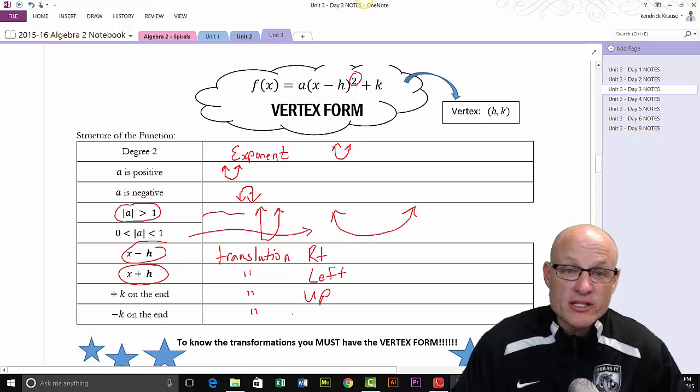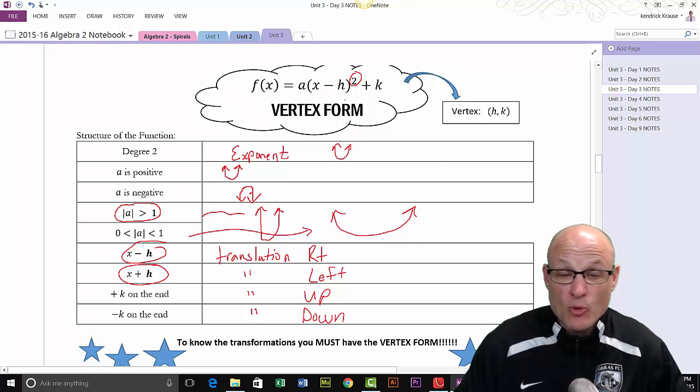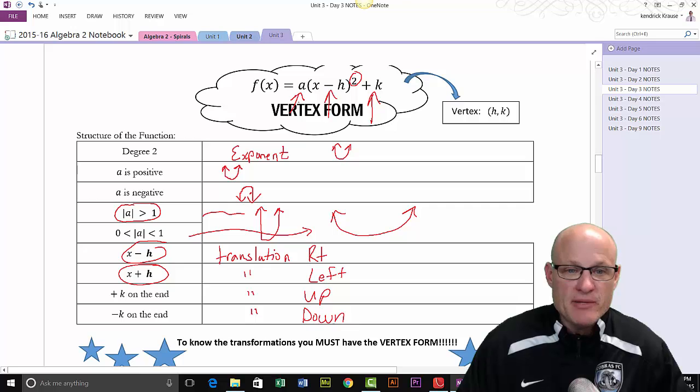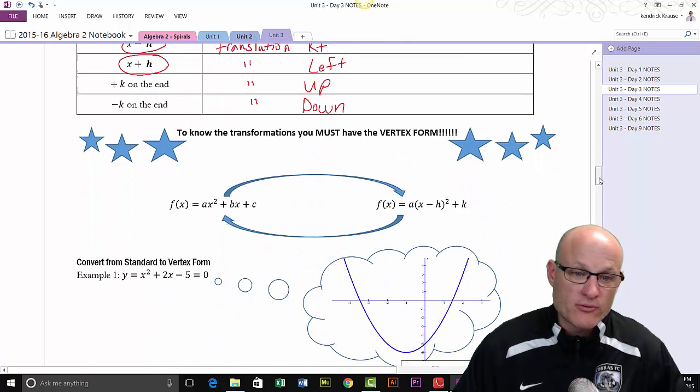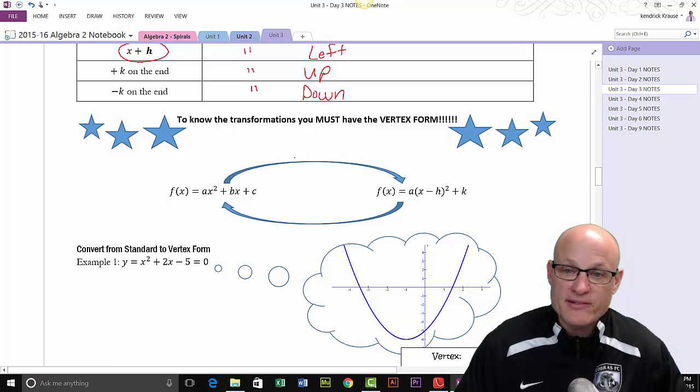This in here moves it left or right. This here is going to move it up or down. This is going to decide whether it's wide or steep or normal. And if we've got a negative out front, that will mean it's got a reflection. So we need to learn how to transform from standard form into vertex form, or from vertex form to standard form. And it's not that bad.